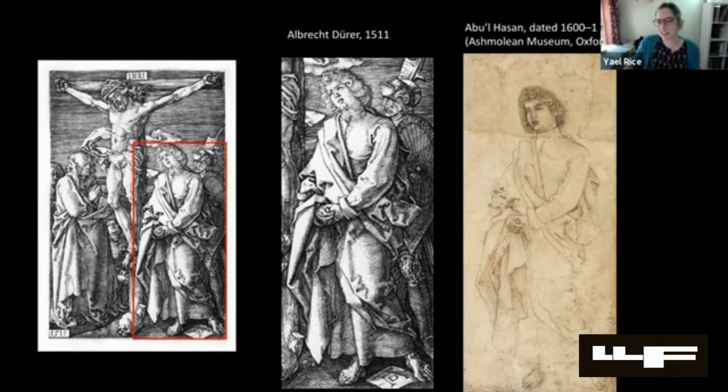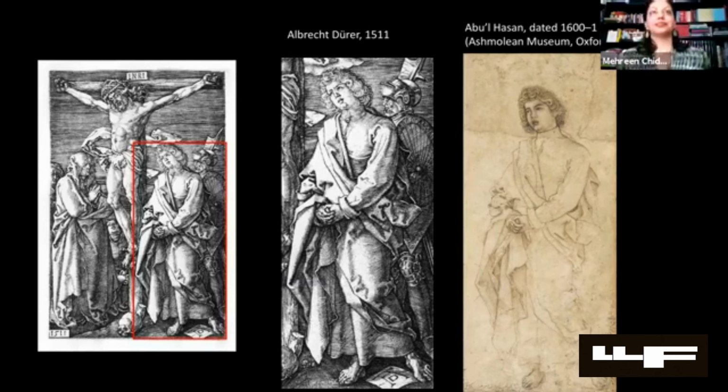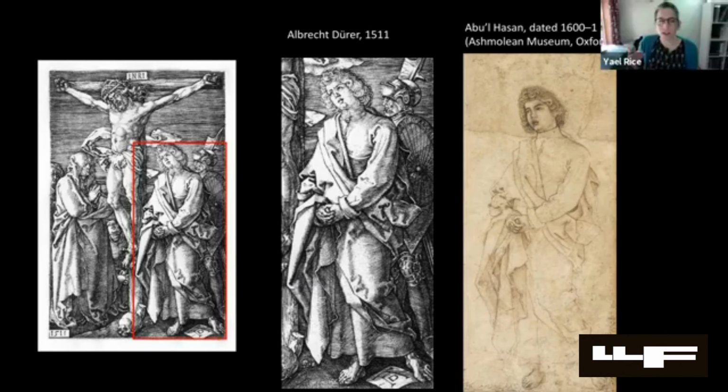And we see that, I think, in Abul Hasan's own study. I didn't bring an example here, but there had been a long-standing appreciation for black pen compositions, what are called Siyah Qalam, that of course predate the Mughals.